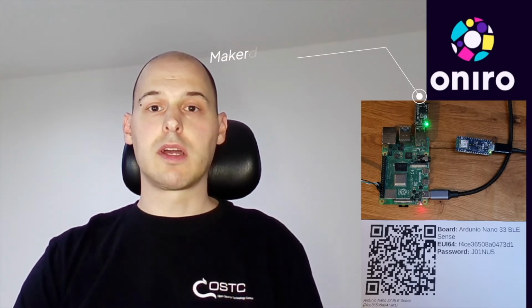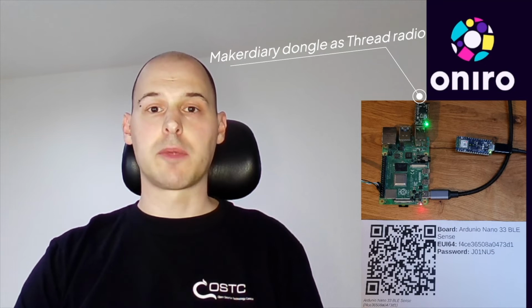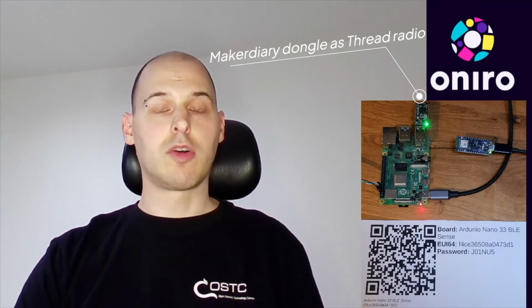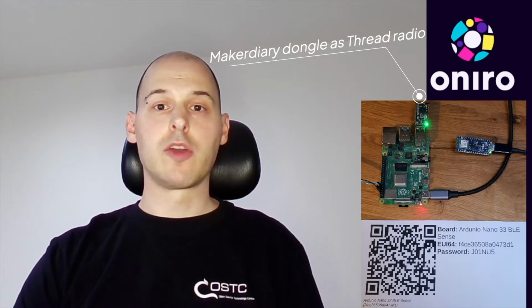As you can see, we are running with off-the-shelf hardware here. On the left side, you can see a Raspberry Pi 4. Connected to the Raspberry Pi 4, there's a USB dongle featuring a Nordic chipset that allows it to act as a Thread radio, in total allowing the Raspberry Pi 4 to act as an OpenThread border router.